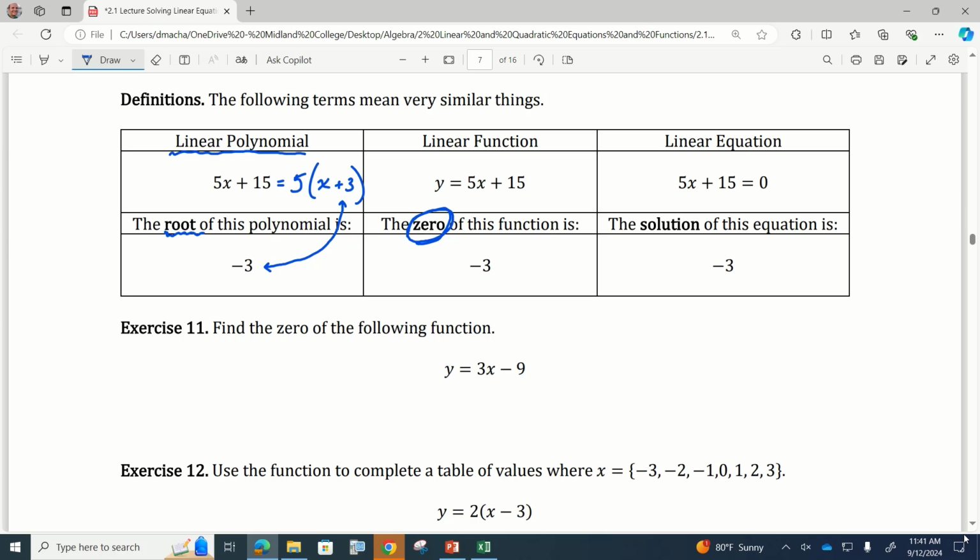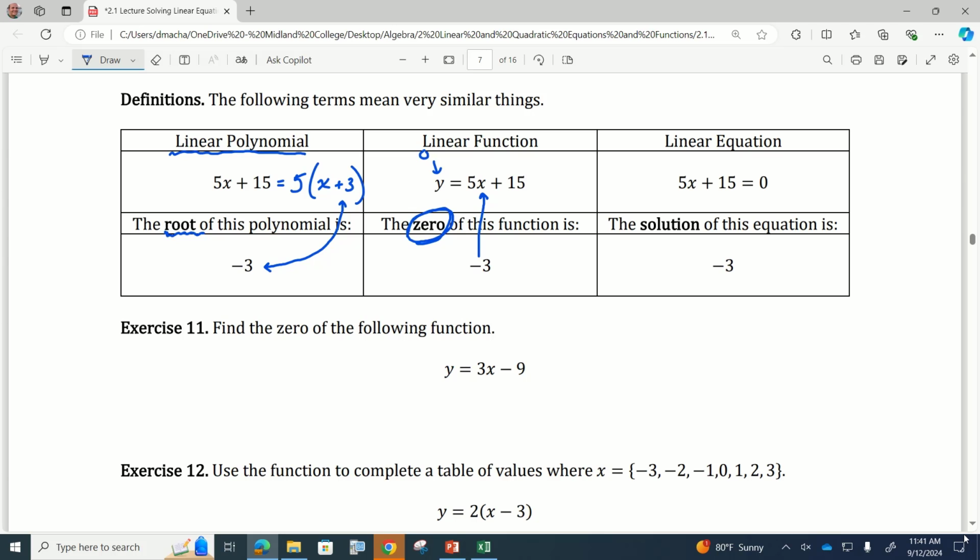Does that make sense? You plug in this number for x in order to make y the number 0. Okay. And you probably understand how this works.